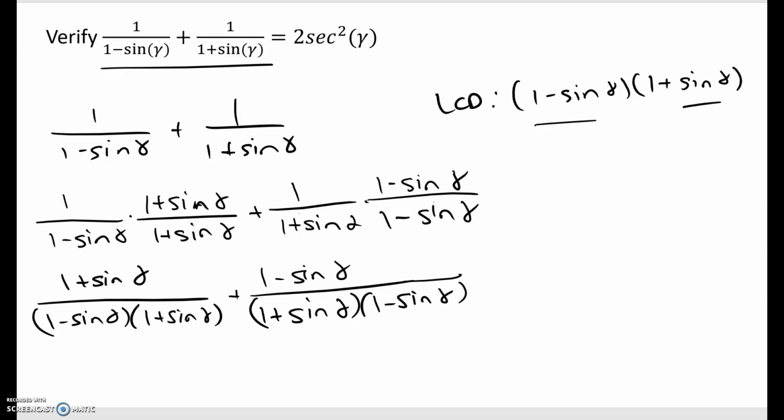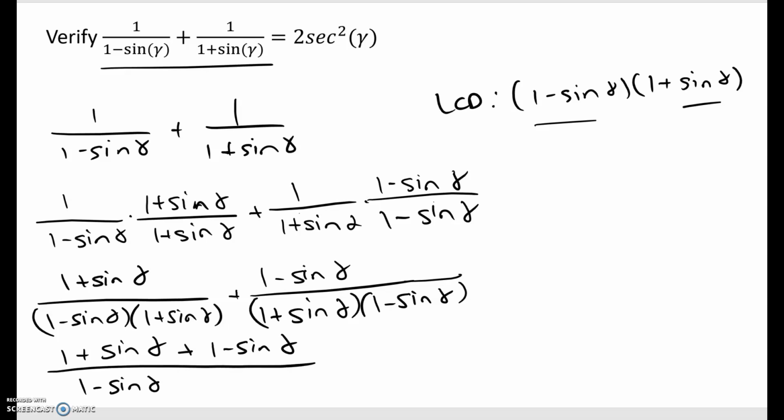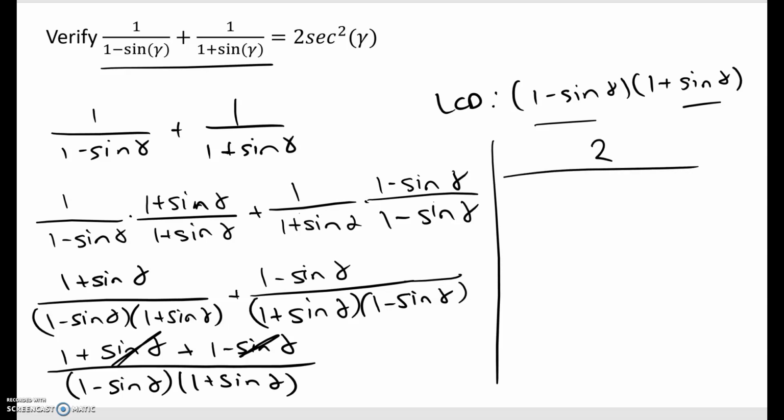Okay, so now I can combine the numerators together and I will get 1 plus sine plus 1 minus sine all over that LCD. So I have a sine cancel, and then 1 plus 1 gives me 2. So 2 over, and then I'm going to multiply these out.